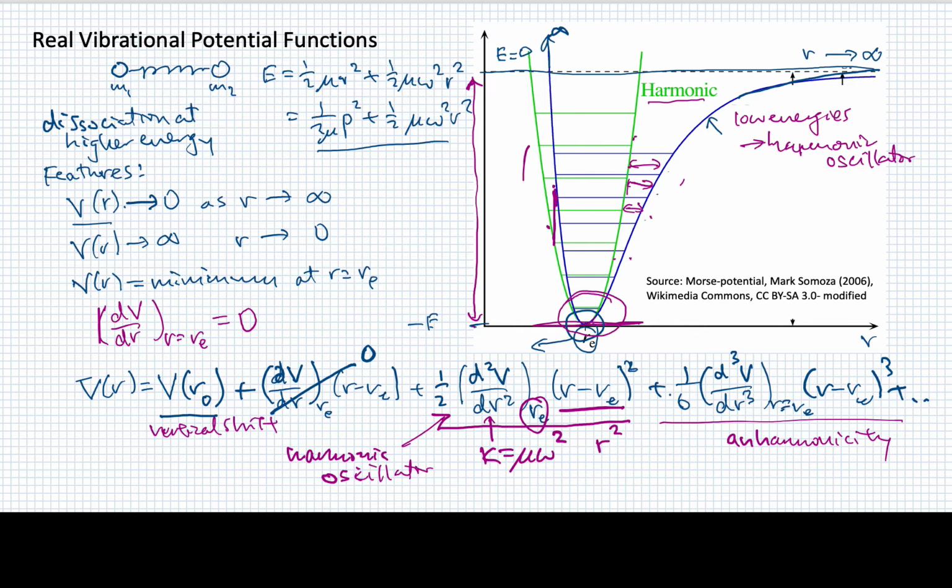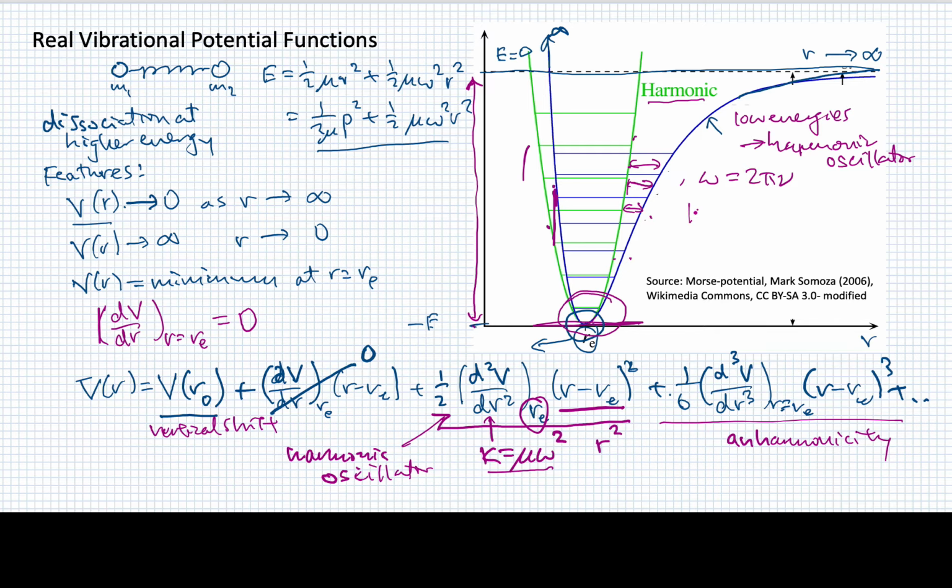Now I want to point out a few other correspondences between different ways of expressing this harmonic oscillator model. We've noted that K is equal to mu omega squared, but we also know that the angular frequency omega can be written as 2 pi times the regular frequency.